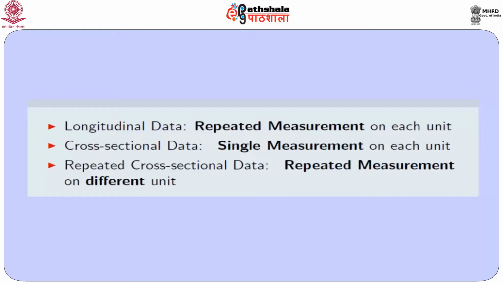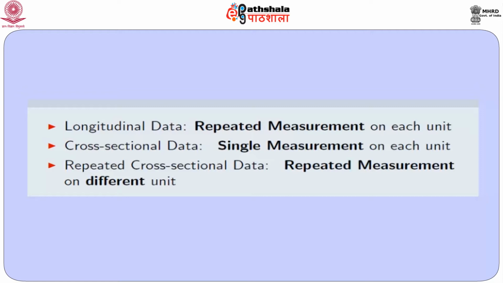Now, how is it different from cross-sectional data? Typically, cross-sectional data has a single measurement on each unit. And there is another type of cross-sectional data called repeated cross-sectional data. Here, repeated measurements are made, but not on the same unit, but on different units.